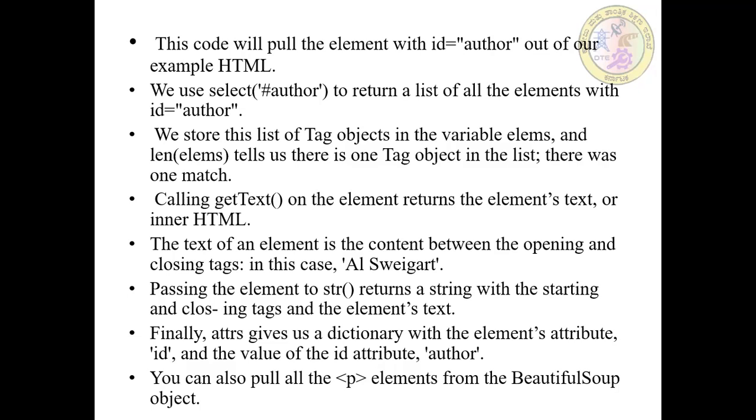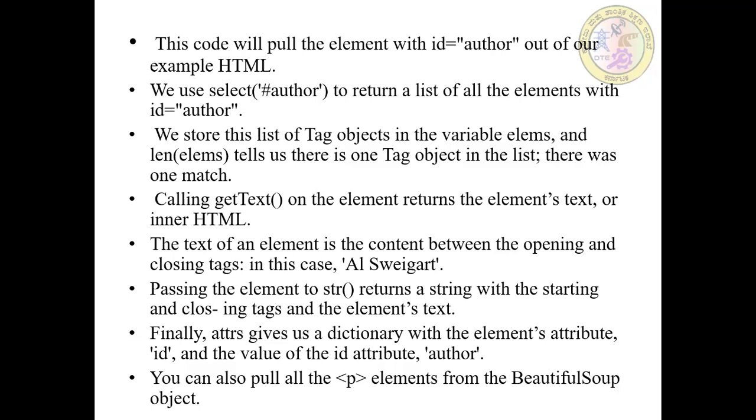The text of an element is the content between the opening and closing tags. Passing the element to str returns a string with the starting and closing tags and the element's text. Finally, attrs gives us a dictionary with the element's attribute id and the value of the id attribute.